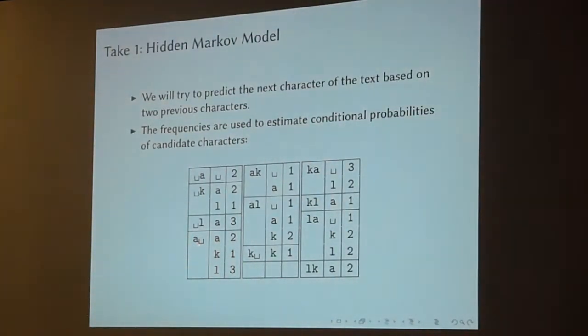So when we have seen A and then space, we will think that the probability of seeing an A next is 2 divided by 6, of seeing K is 1 divided by 6, and of seeing an L is 3 divided by 6. So we will try to use this model to generate text in the way that we look at what we have already produced and then generate the next character with probabilities predicted by this table.